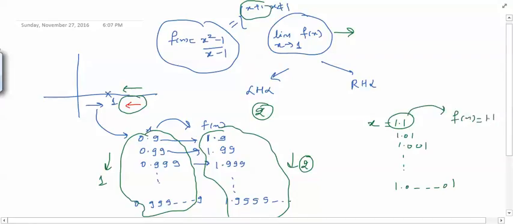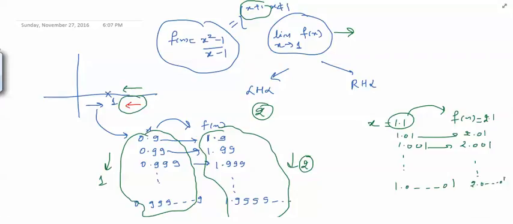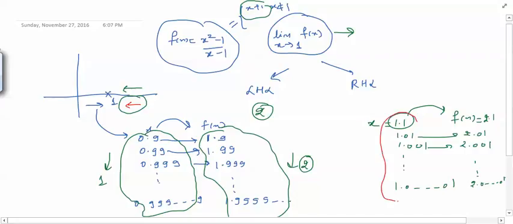It is 2.1, here it is 2.01, here 2.001 and so on, 2 point many zeros and then 1. Again you can see that as x approaches 1 from the right hand side, your f of x is approaching 2, right? It means that for this particular function, the right hand limit is 2.